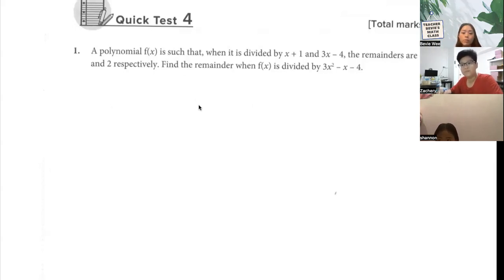Hey, how come this one no polynomial given? No idea? Shannon?